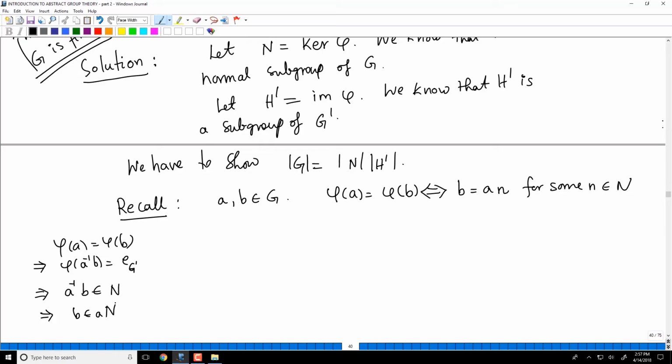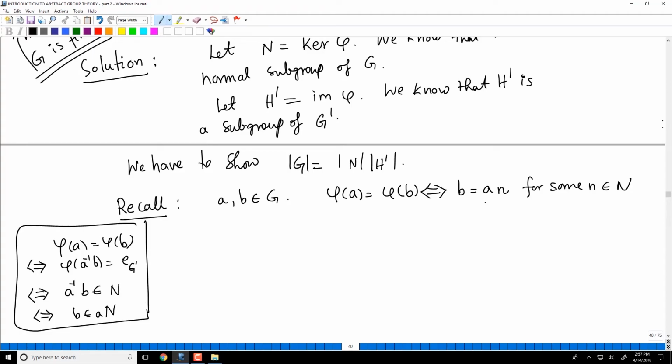And note that if this happens, if A inverse B is in N, by definition phi of A inverse B is e of G prime. And if phi of A inverse B is e of G prime, then phi of A must be equal to phi of B. So these implications go backward also.